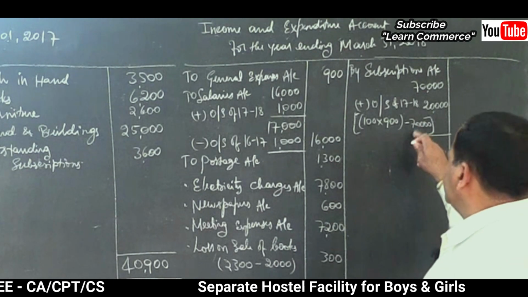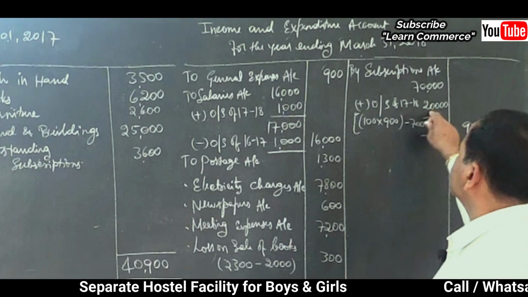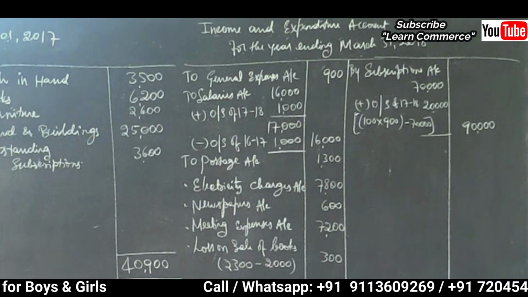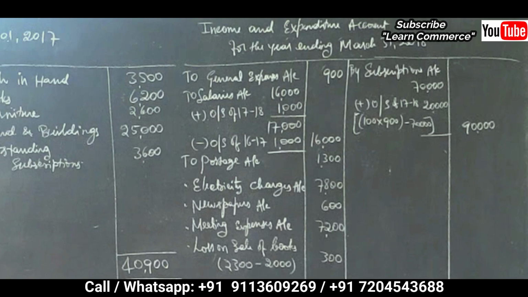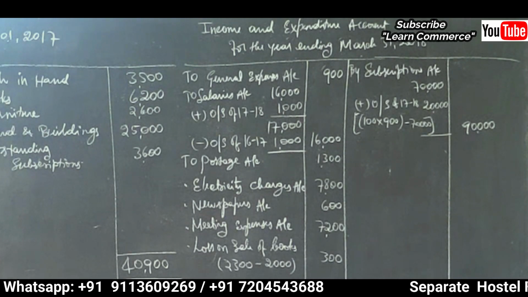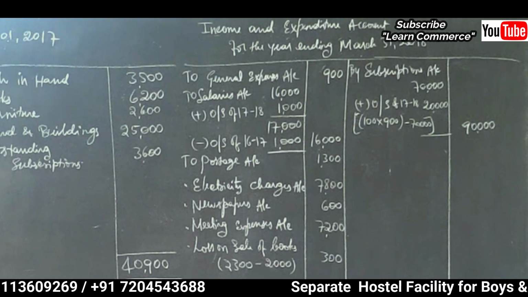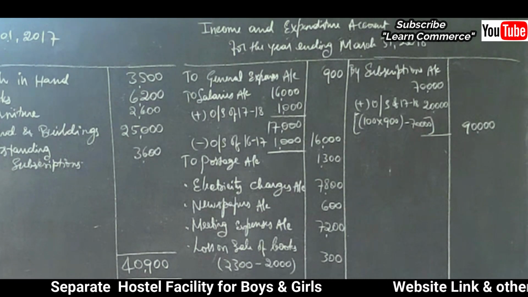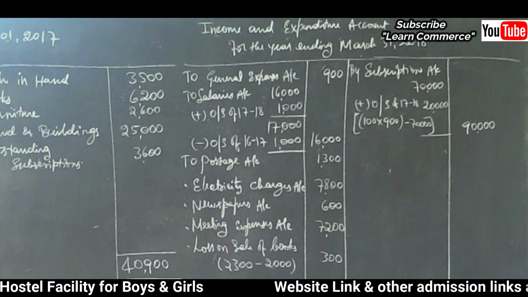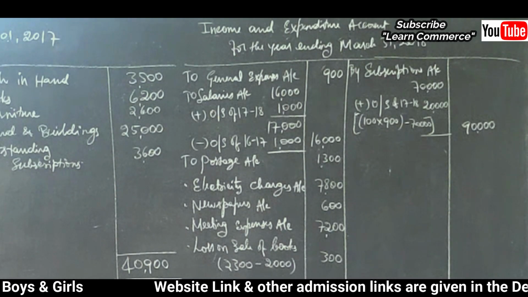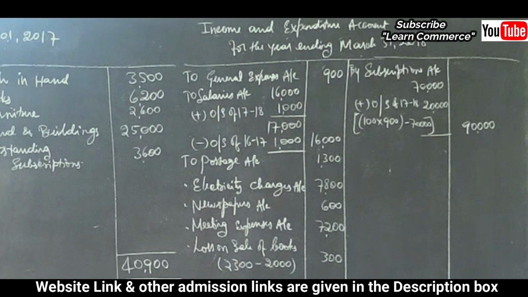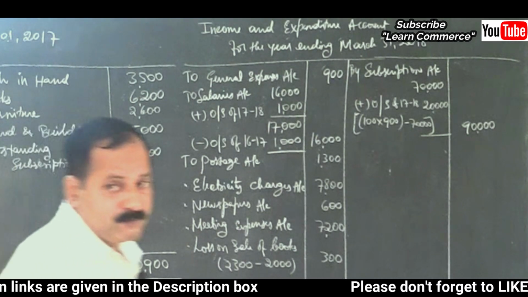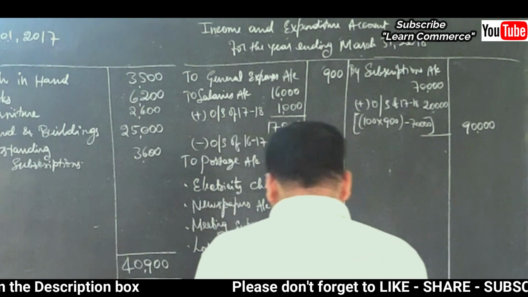Of course, this is the outstanding 20,000. Let us show the calculations. 100 into 900, total number of members 100, each pays 900, so it will be 90,000 minus 70,000 received already. So the net amount of 20,000 is the outstanding, which should be added to the amount already received. Together it will be the amount of current year subscription. Don't get confused.